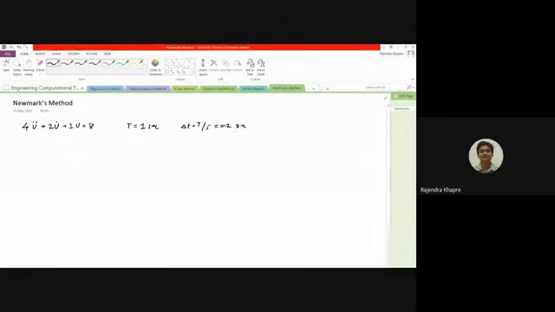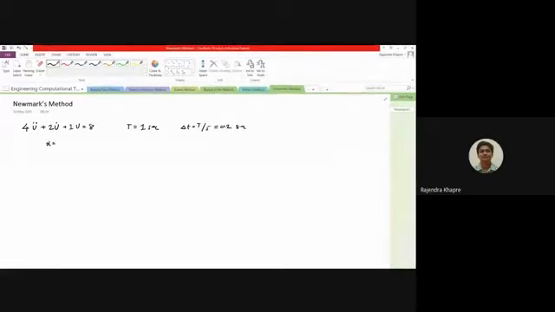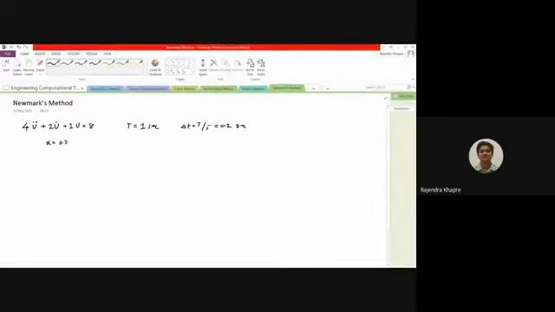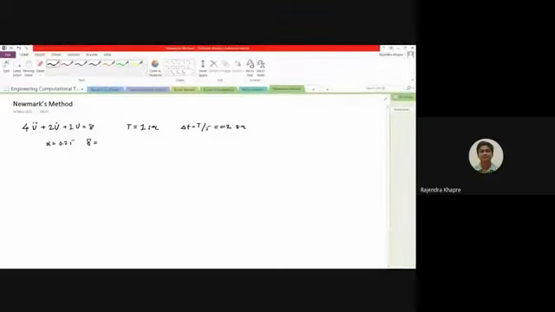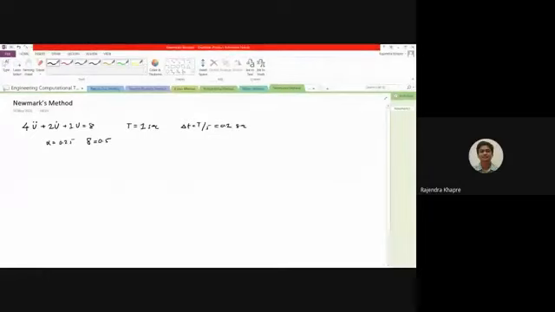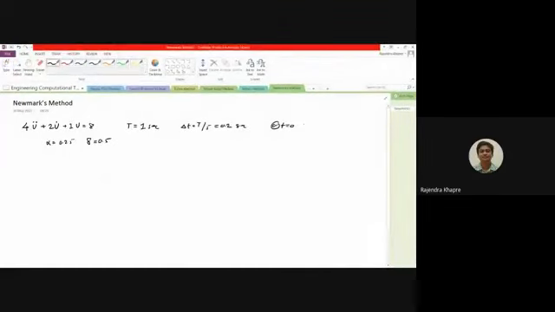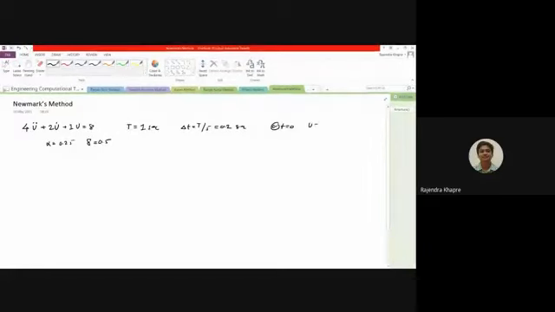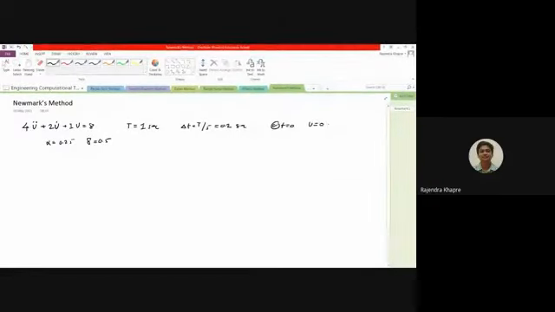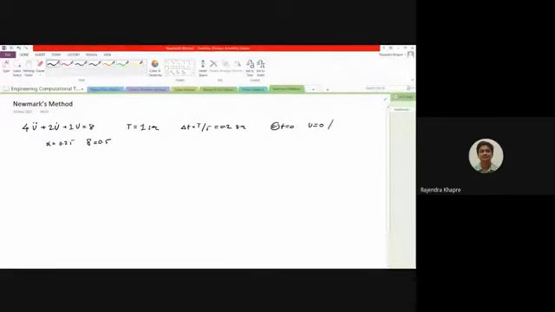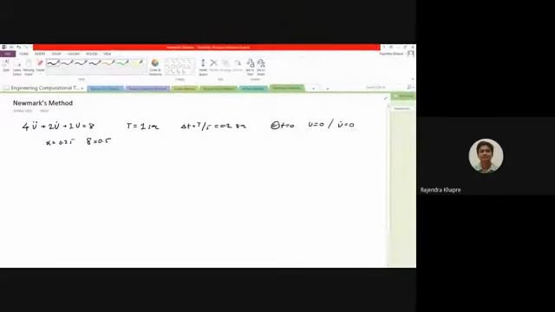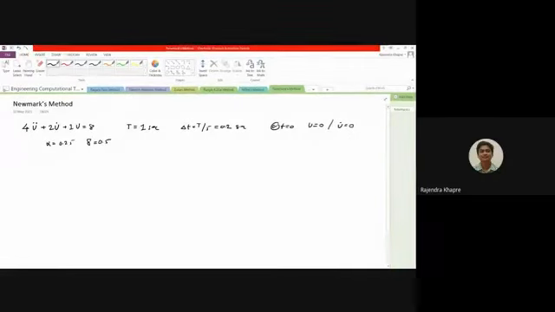The value of alpha is 0.25, and the value of delta is 0.5. Another piece of information given is the initial condition at t equal to 0: the displacement is 0, as well as the velocity is also 0. Now let us try to solve this.